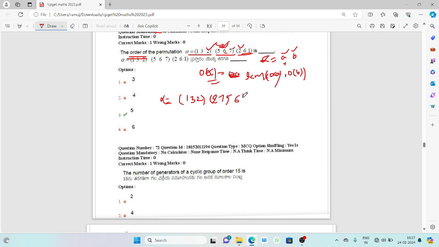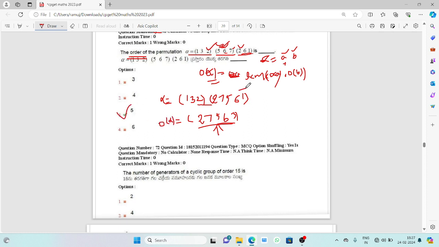So if I multiply those two cycles, I will get it this way. And again, if I multiply these two cycles, I can get 2, 7 by using the way of how to multiply two cycles. So we will get it this way, 5, 6, and 3. So we get one cycle and it contains 5 elements. So that's why the order of alpha is 5 here.